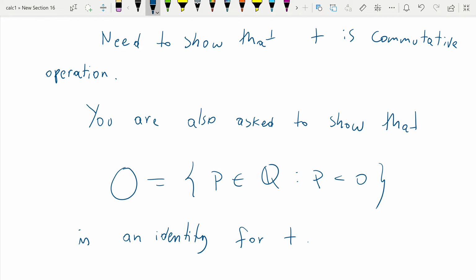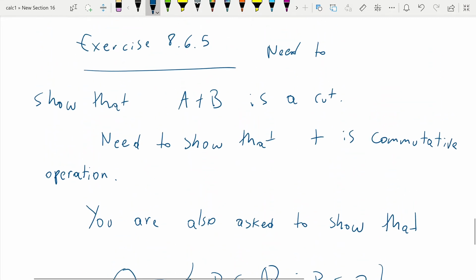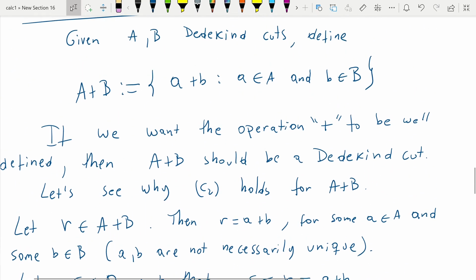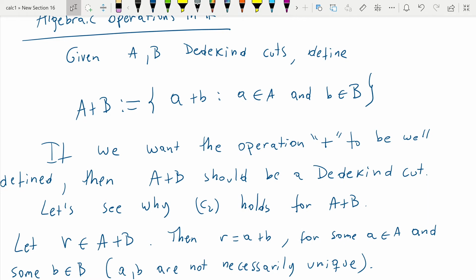And this is natural to consider, because if you want to obtain the same set when we add something to A, so that all the elements that can be obtained as some element in A plus an element in another cut, and you want that to remain the same, we want to be adding things that are not bigger than 0. Otherwise, you will obtain numbers that are not in the original set.